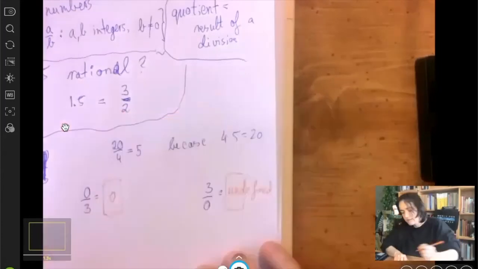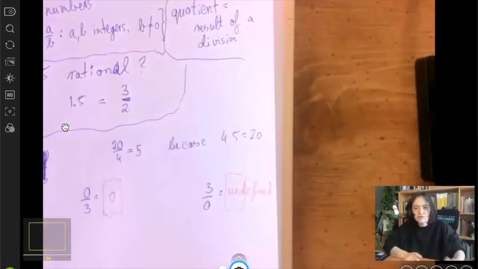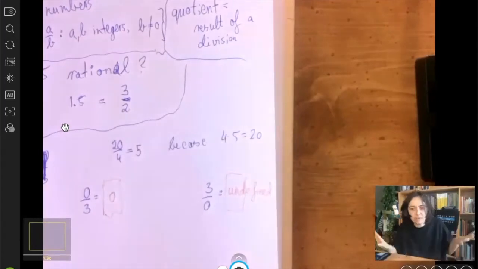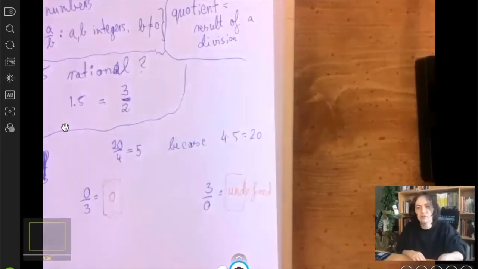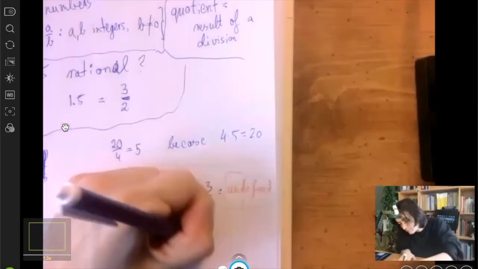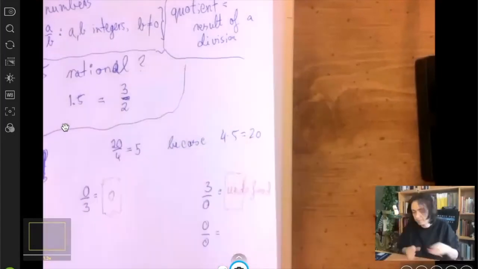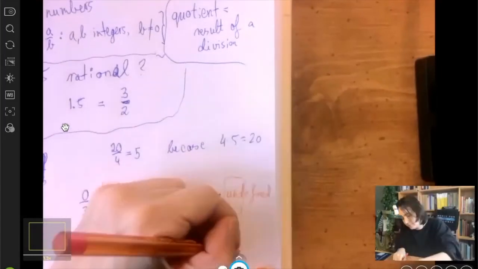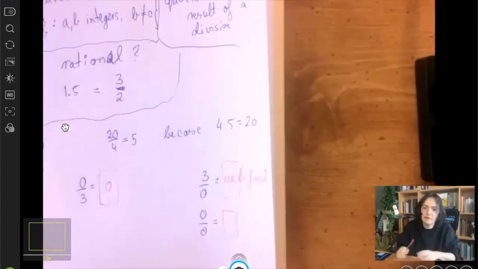And then, you know, mathematicians are very thorough. So one mathematician could say, okay, let's not divide by 0 ever. But then someone says, wait a minute, what about 0 over 0? Maybe that would work. What do you think, given the definition with respect to the multiplication backwards?